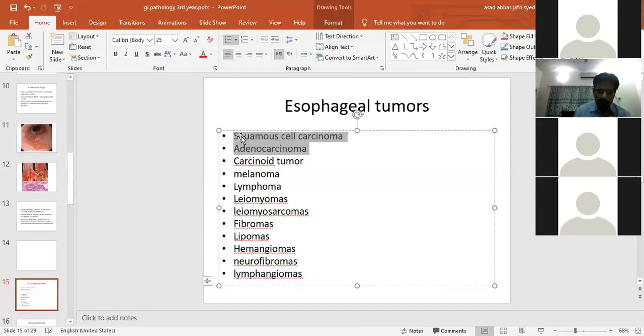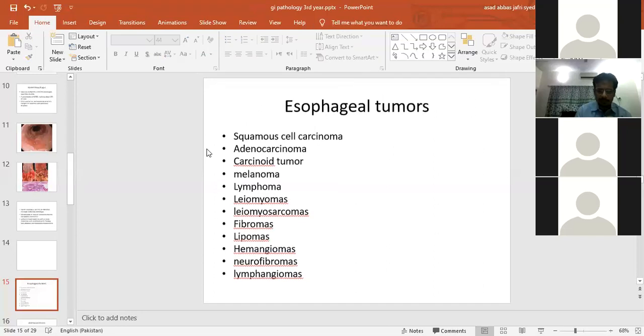An important thing, we'll cover this when we cover stomach tumors, but what you need to remember is that all along the gastrointestinal tract, the two more common smooth muscle or soft tissue tumors are leiomyomas and GISTs. The esophagus is one area where leiomyomas are more common as compared to gastrointestinal stromal tumors.